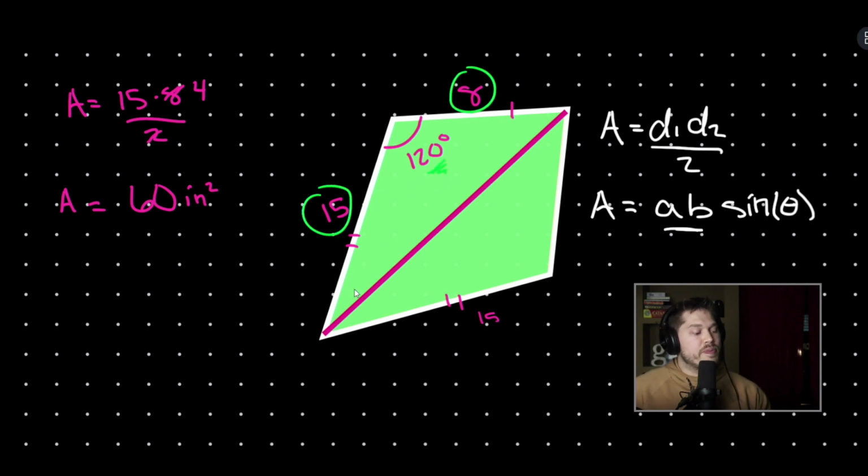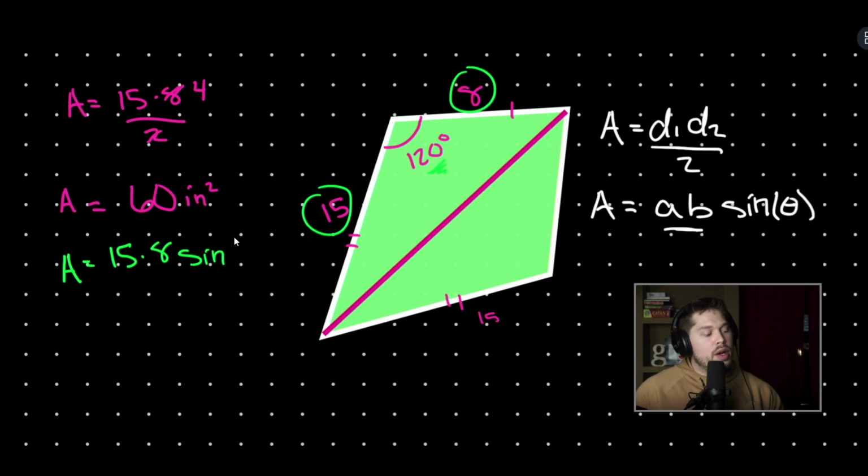Okay, so that's why we must choose the two different side lengths, and then the angle in the middle of them. All right, so using this formula, we have our area is equal to 15 times 8 times the sine of 120 degrees. So 15 times 8 is 120.